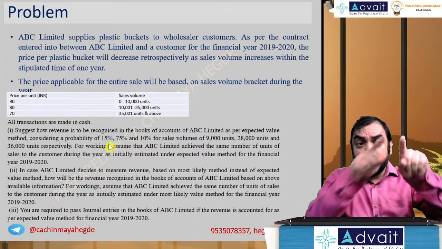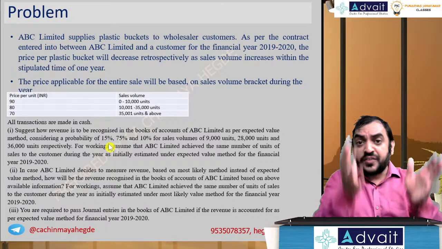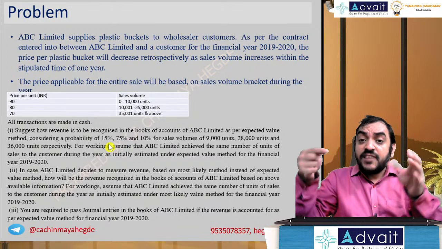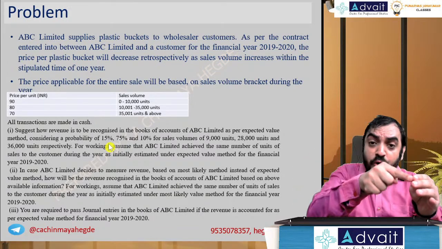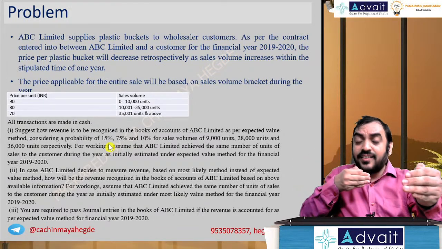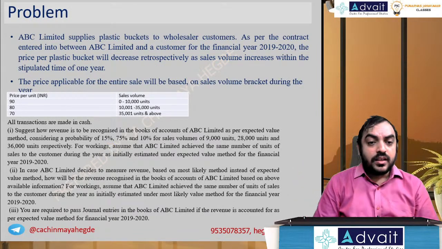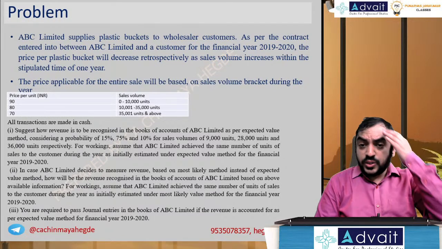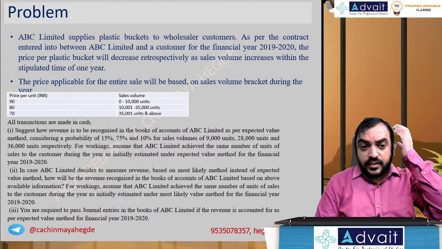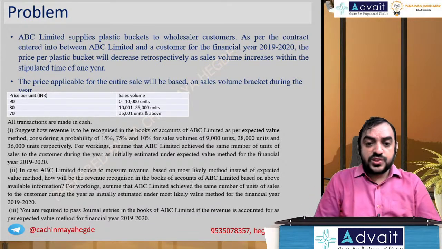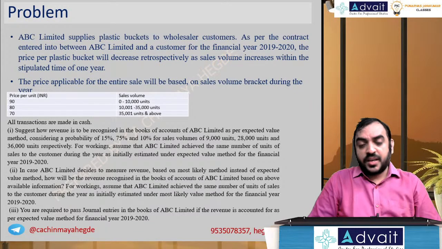Your price will be considered as a whole, and if 15 buckets get a concession price, that discount will not only apply for the additional products, it will apply for the entire transaction, retrospectively. The price applicable for the entire sale will be based on the sales volume bracket during the year: 90, 80, 70. Sales volume 0 to 10,000 units, 10,001 to 35,000 units, 35,001 units and above.